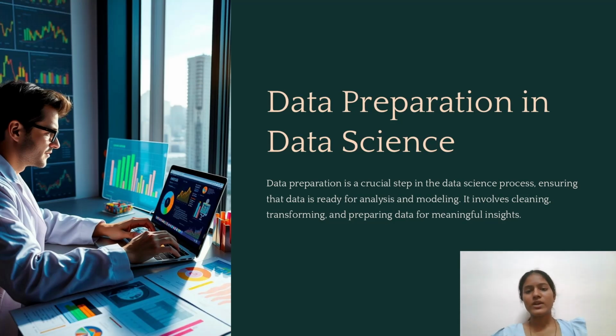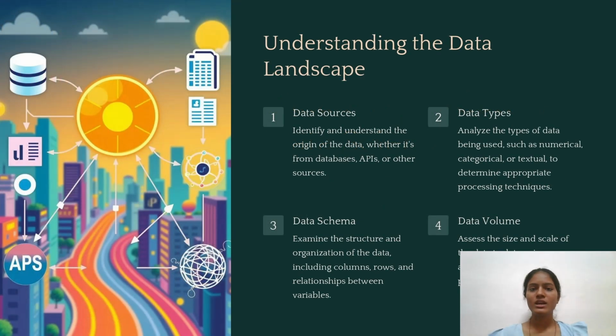As we understand what data preparation and data science are, the next slide will cover understanding the data landscape. First is data source. In data source, we will identify and understand the origin of the data, whether it's from databases, APIs, or other sources. The next is data types.